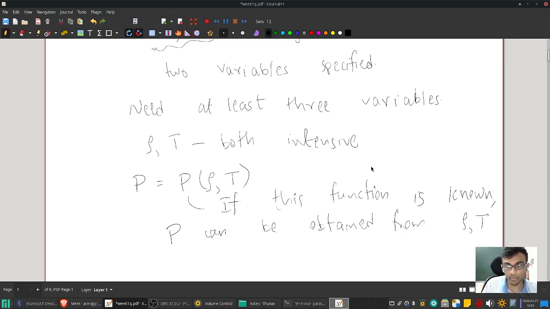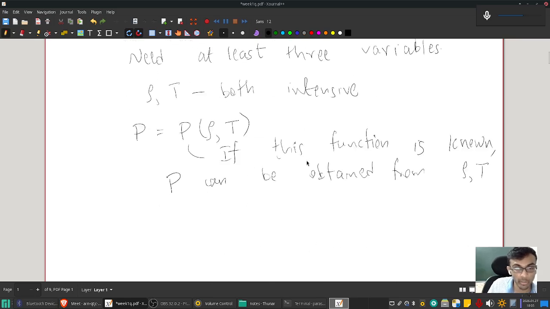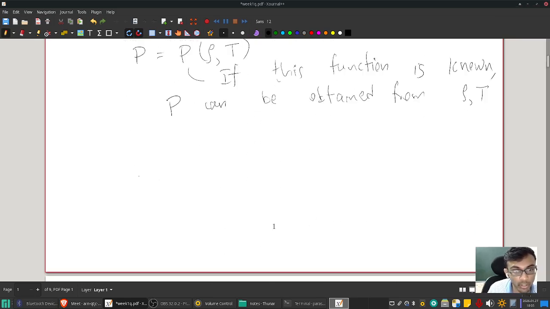Note that we have knowledge of only intensive quantities, density and temperature. We do not have any information of any quantity that is extensive, like number of particles, volume or energy. So clearly we cannot specify the full state of the system, but like we discussed, the pressure can be known in principle.